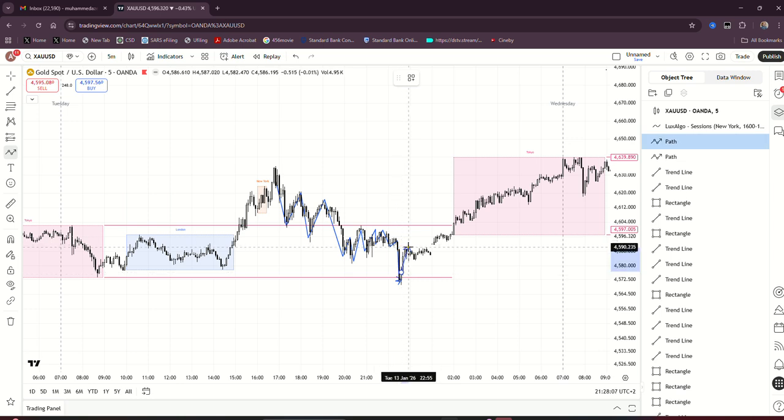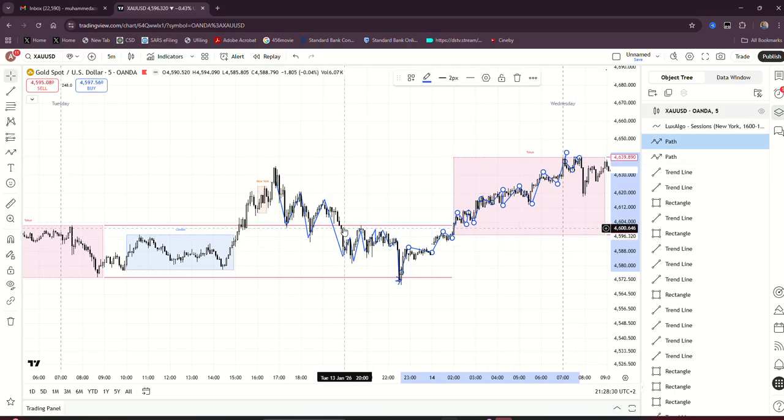We started creating higher highs and higher lows. And like I said, the market's not going to move in straight lines, but you can have an idea of what the market's doing.